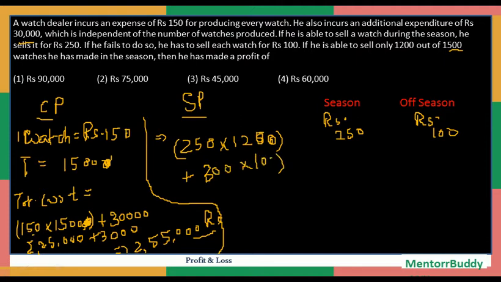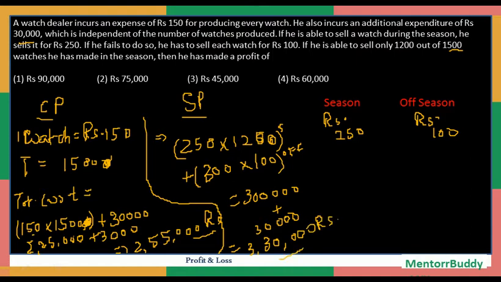This is the revenue from the season and this is from the off season. The summation of the two is 3 lakh plus 30,000, which equals 3,30,000 rupees.